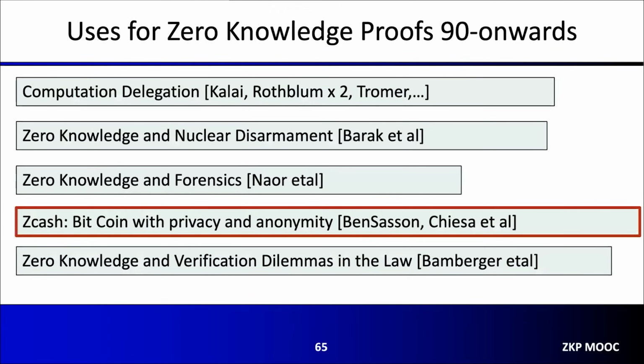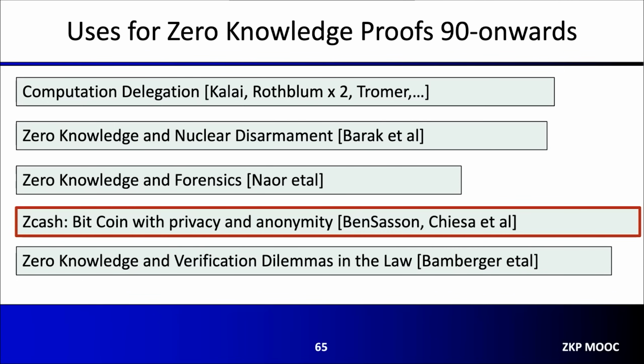Zero knowledge has been used for many things. In the 80s, it was mostly the two applications I already mentioned: preventing identity theft, and a tool for protocol transformation from honest to dishonest players. But since then, it's been used in the context of computation delegation, if you want to delegate computation to the cloud but only give the cloud encrypted data.